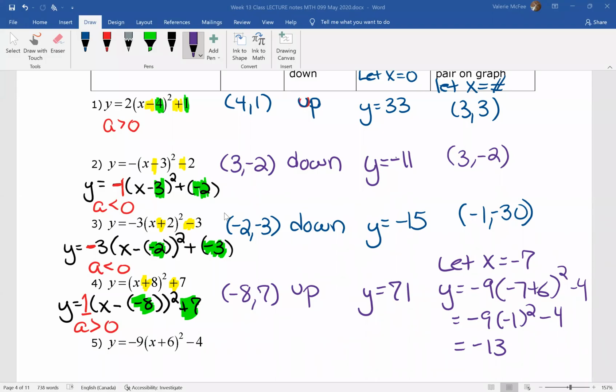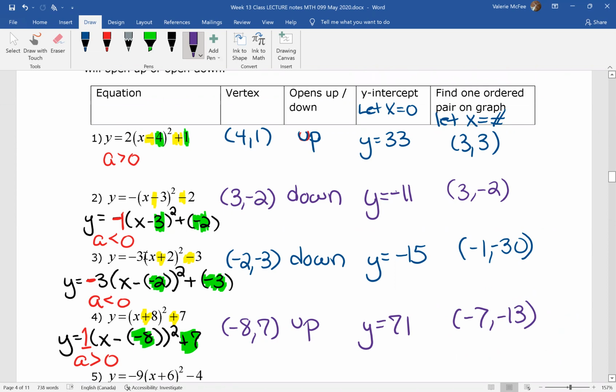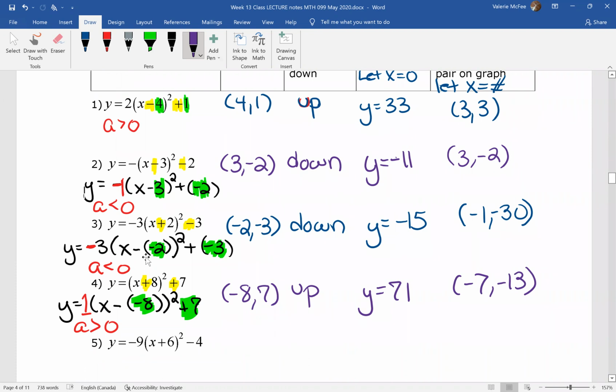We found when x is negative 7, y is negative 13. So our ordered pair, negative 7, negative 13. I think I'd like you to find the vertex, whether it opens up or down, the y-intercept, and an ordered pair for number 5.